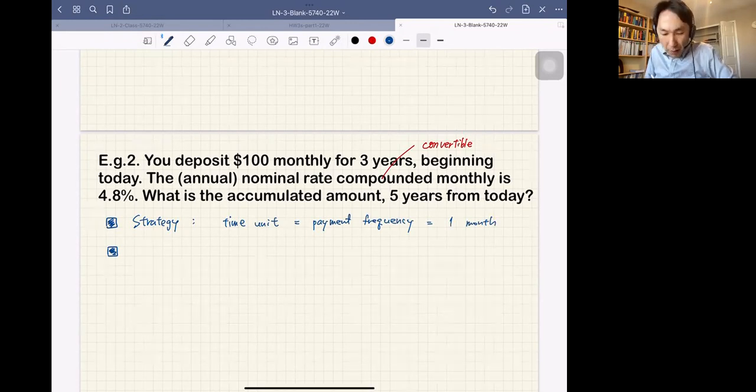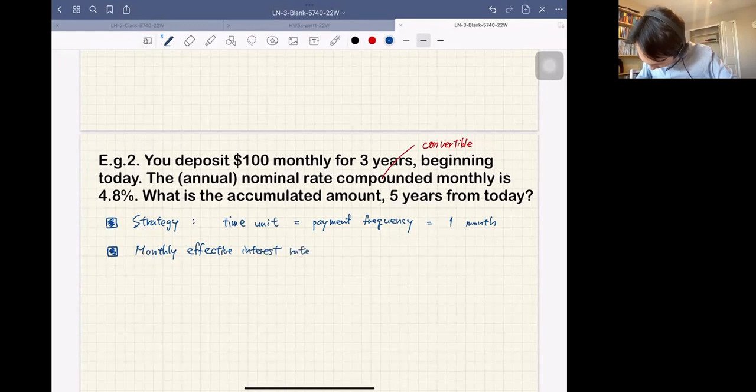So we need the monthly effective interest rate j, which is 0.048 over 12. That is the meaning of nominal rate compounded monthly being 4.8%.